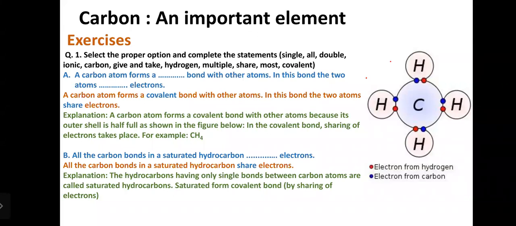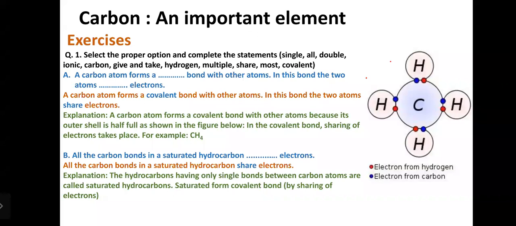Hence, the hydrogen atom completes its outermost shell by sharing 1 electron, and the total electrons in the outermost shell of hydrogen becomes 2. Similarly, carbon also completes its outermost shell by sharing 4 electrons of hydrogen atoms. Its shell becomes stable.